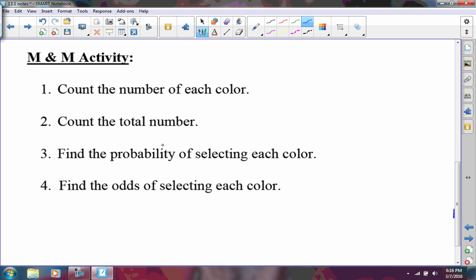So again, remember that probability is going to be the favorable out of the total. So then you would put the number of that specific color over the total number of M&Ms. And then we're also going to find the odds of selecting a certain color. So again, you would have a certain color like red, if that's what you wanted to select, over all of the not red M&Ms.